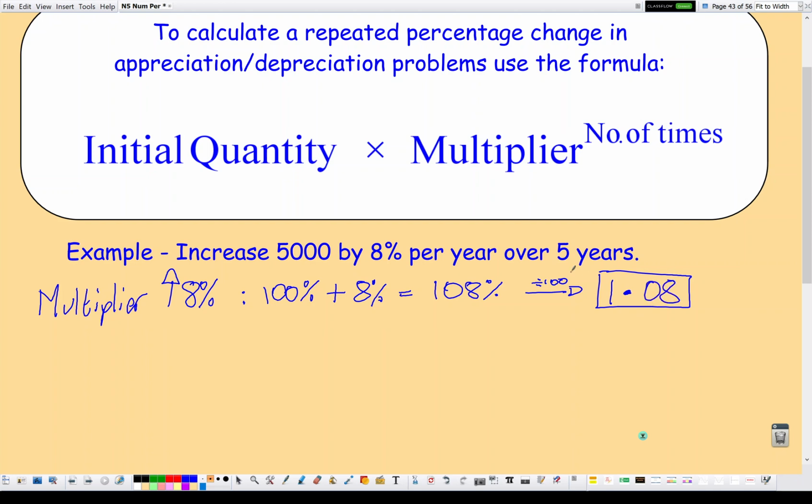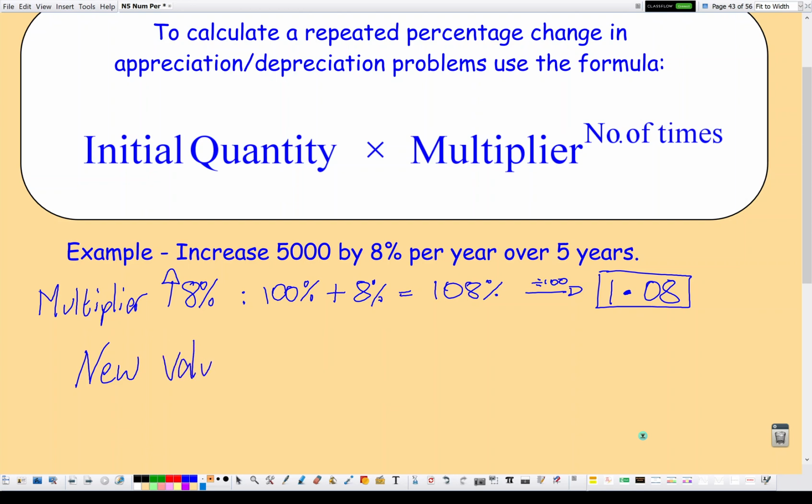We know from last week, hopefully, that if we want to increase something once, we just multiply it by 1.08. So if we want to increase something 5 times, we just multiply it by 1.08 5 times, or to the power of 5. But actually, all we need to do now, once we've got our multiplier, is one line of work to put in the calculator, and then we're done.